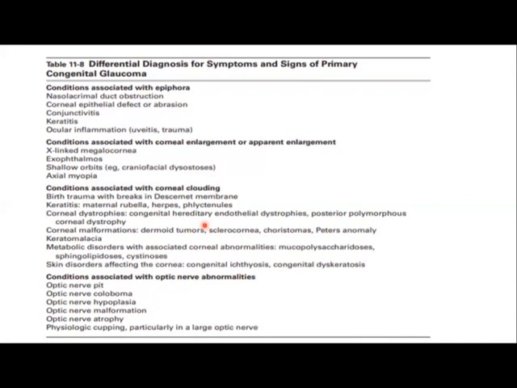Sir, one more point I just want to add on plateau iris configuration. Whenever we are going for the laser topic, we can discuss it. I just want to keep a note that plateau iris configuration is better treated by laser iridoplasty than laser iridotomy. Yeah, peripheral iridoplasty is helpful. But nowadays argon laser iridoplasty is less commonly done.